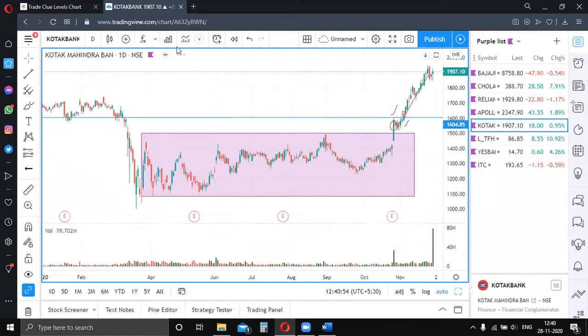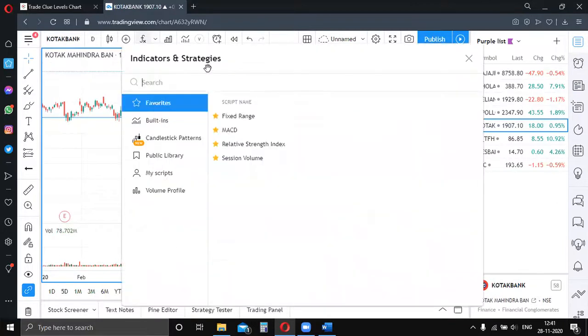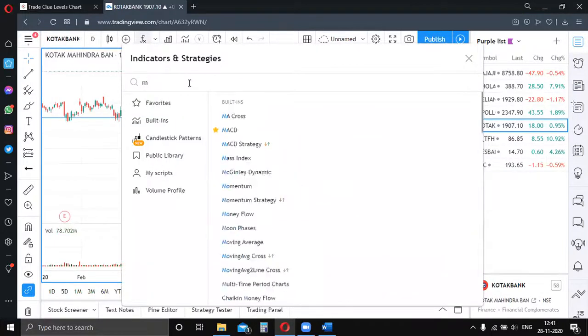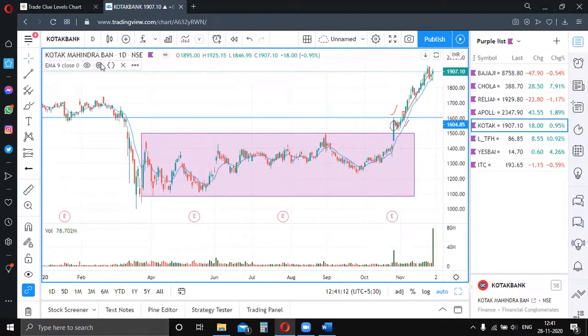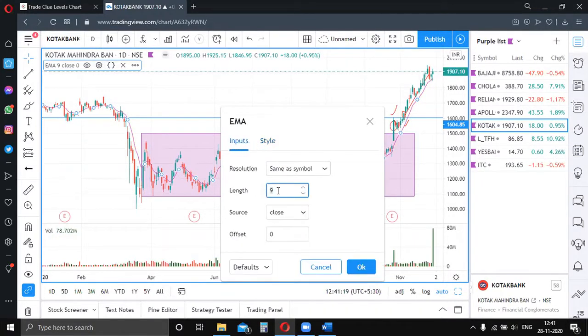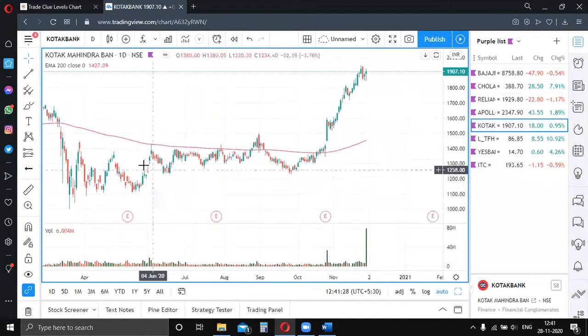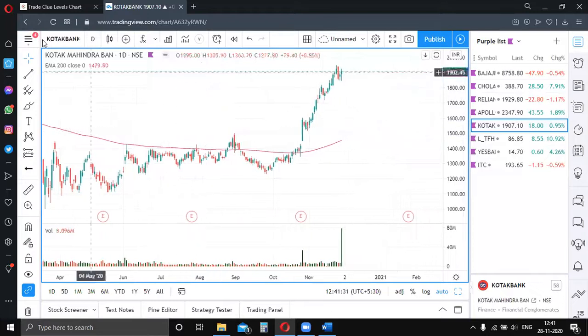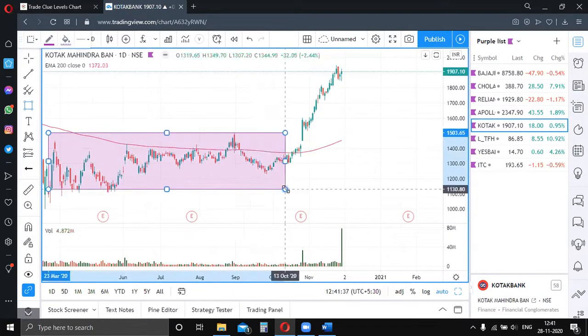Same thing happened with the other stocks as well. So price went down, and this was the cluster made by the price earlier.